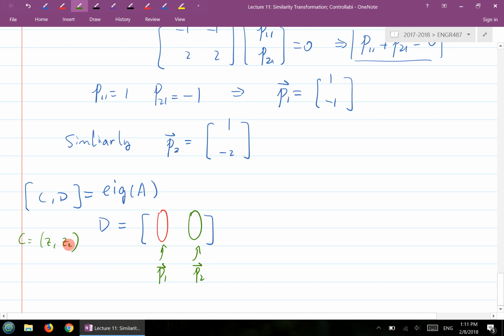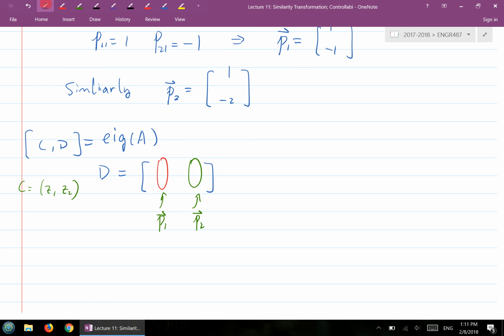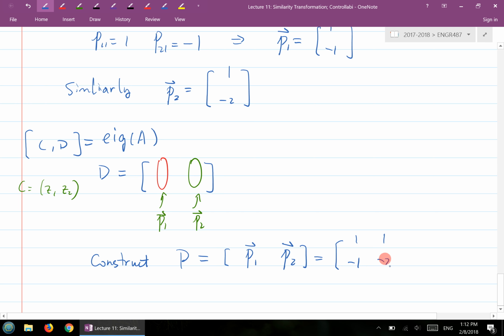Now let's put these results together. We construct the P matrix with the two eigenvectors. So 1, -1 is the first column, and 1, -2 is the second column.